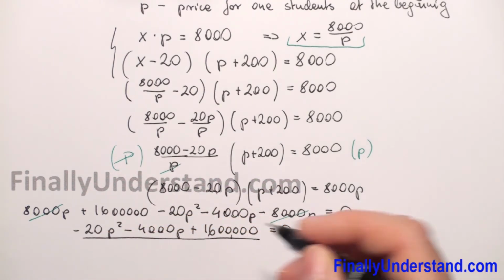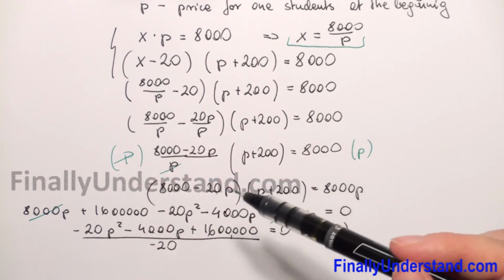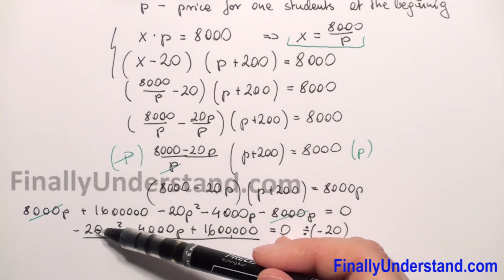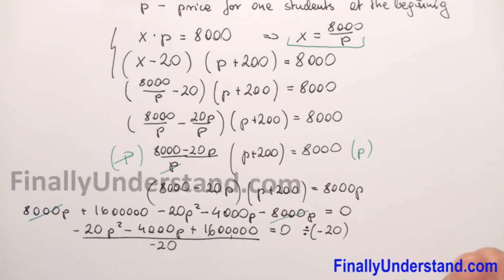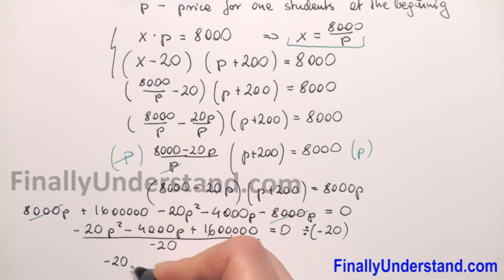So first, I will factorize negative 20 in the numerator. We have negative 20, and in parentheses P squared, because I took the negative sign before the parentheses, so now it will be positive.